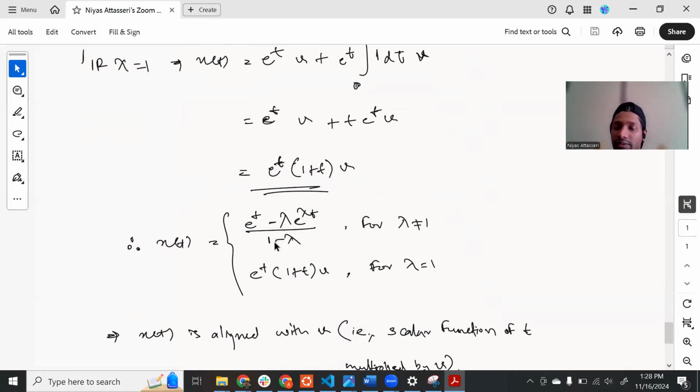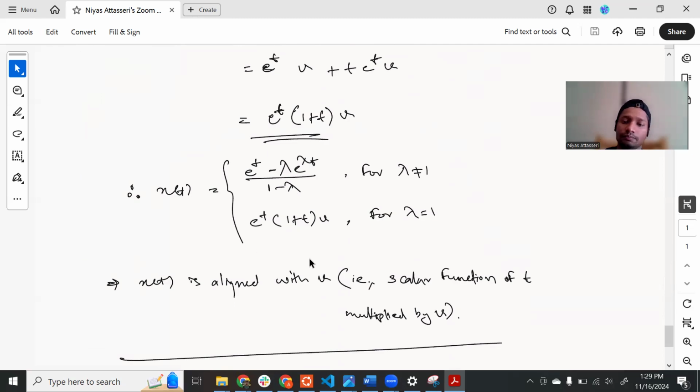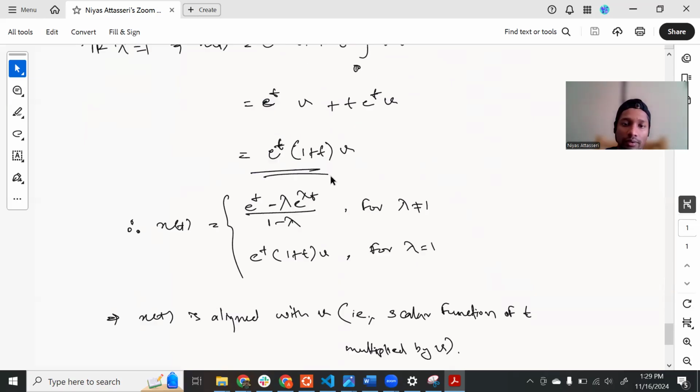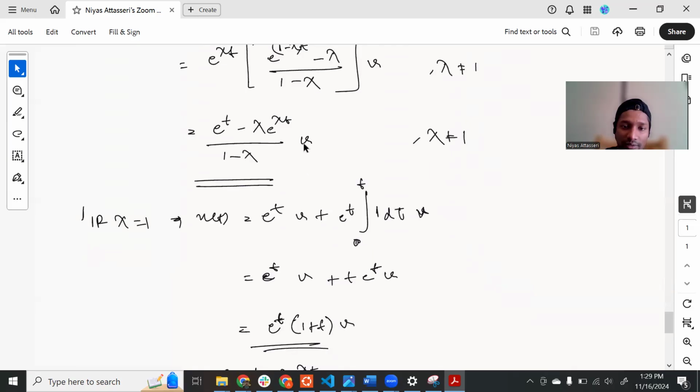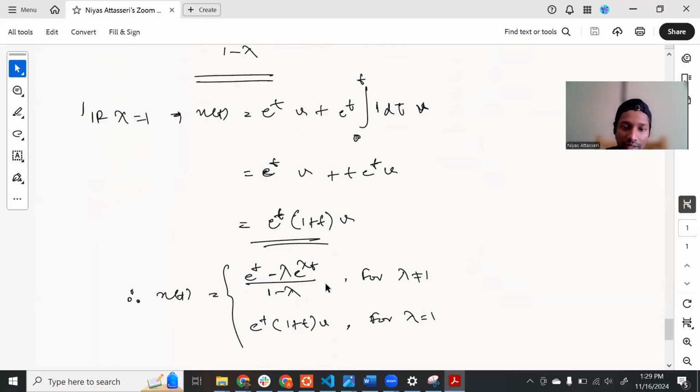So you have two different functions, but basically that's dependent on lambda. So depending on what lambdas you have for the matrix, you will have different solutions for x of t. Whatever the solution be, you can see that it is a... Okay, so there is a small mistake that I've done. So this v has to be here as well.